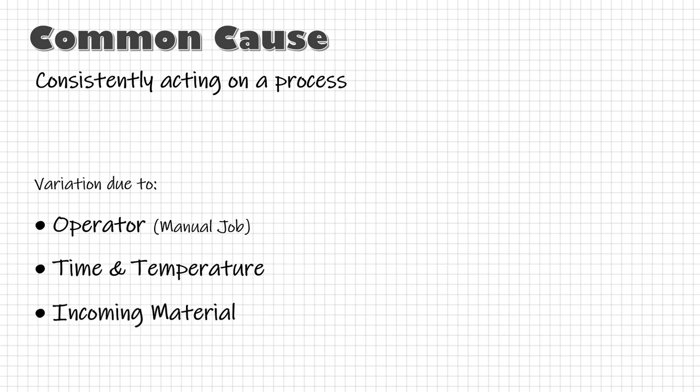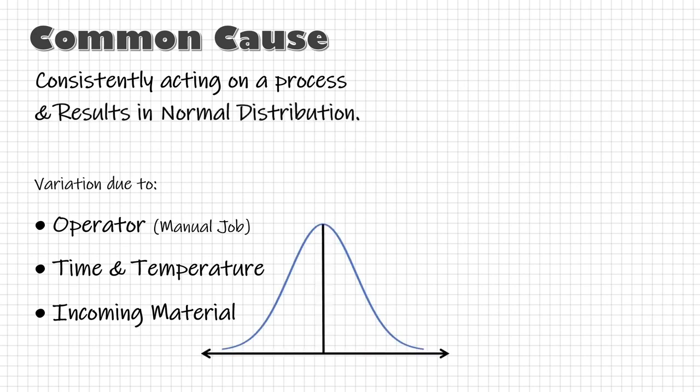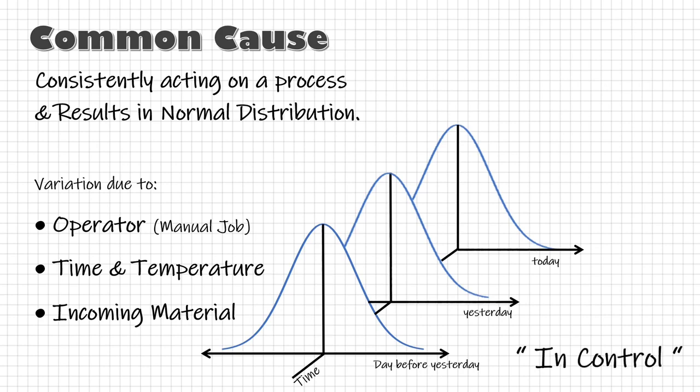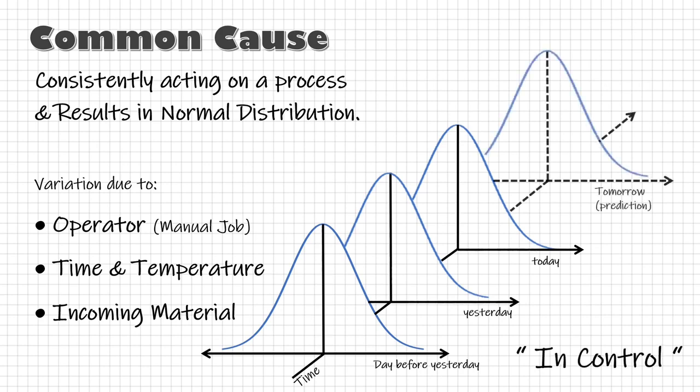These common causes produce a stable and repeatable distribution over time, and the concerned process is called in the state of statistical control, or we can simply say in control. It is a predictable process. A process must be in control if we want to apply SPC.